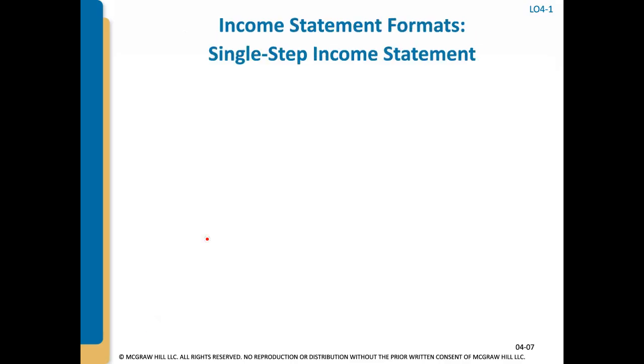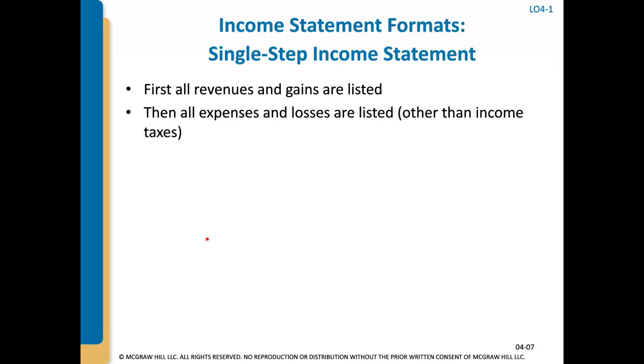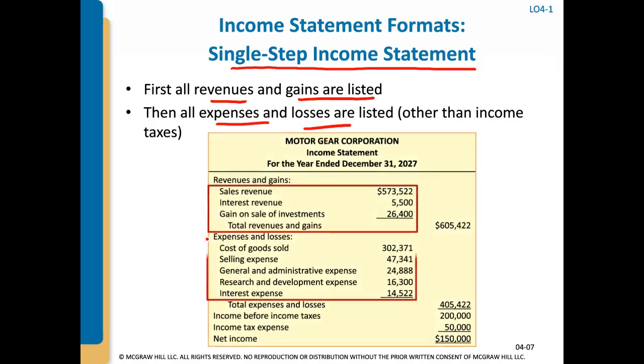There are two kinds of income statement formats that a company is allowed to file. First is called the single step income statement, and that's when they do not separate the operating income and expenses. They list all the revenues and gains together, and all the expenses and losses together.